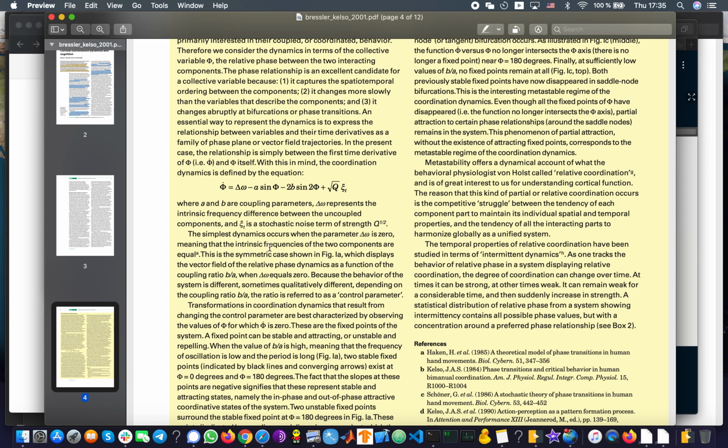Where can I find it? Here. The simplest dynamics occurs. This delta omega represents the intrinsic frequency difference between the uncoupled components. What is this phi?